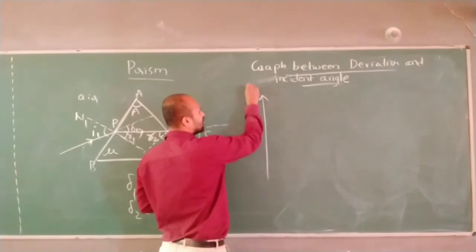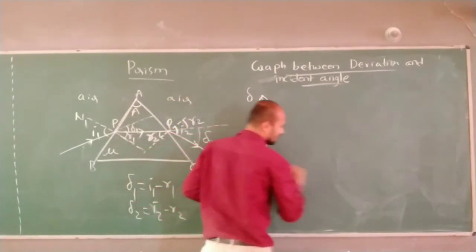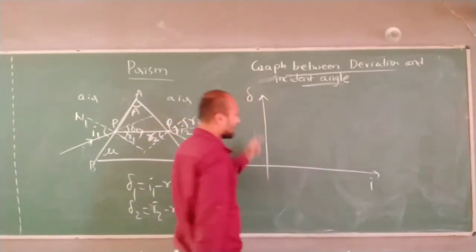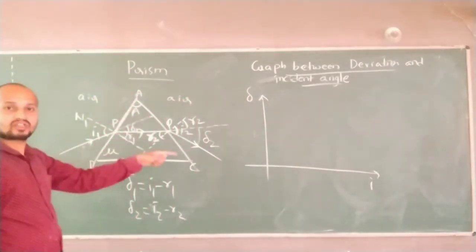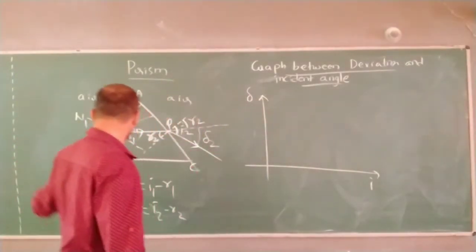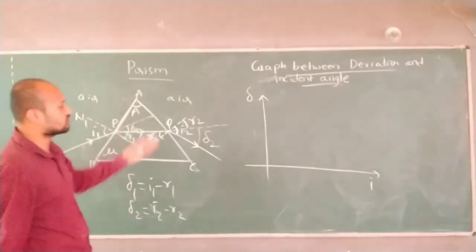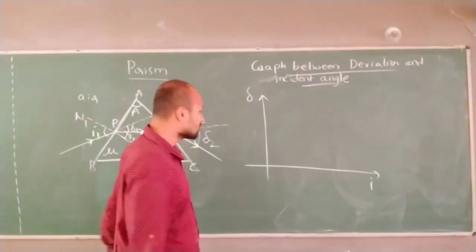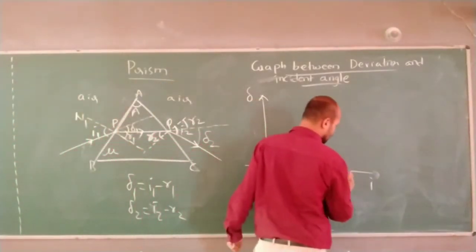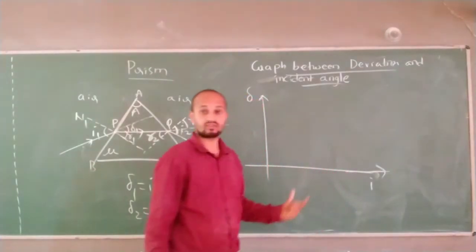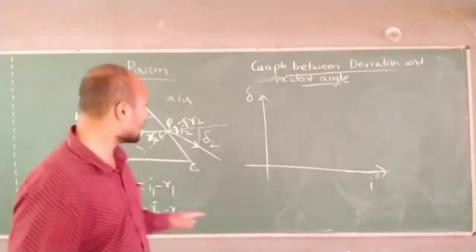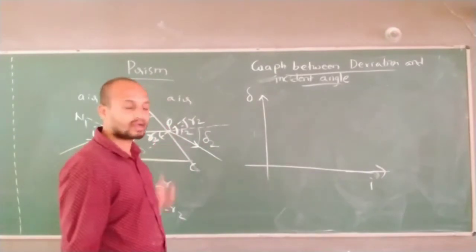This is the graph between delta and angle of incidence. I could have written this graph somewhere here, but unfortunately I don't have space. Very important graph this is. If you are making notes from this class, make sure this diagram and this graph are kept on one side.